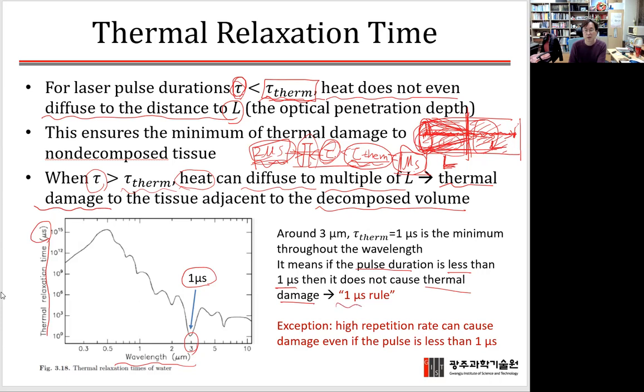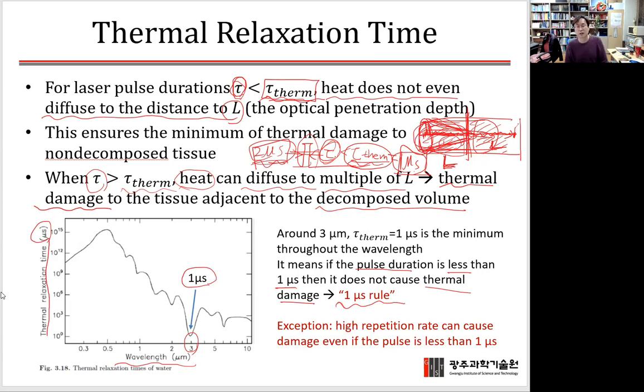So that's why we call it the 1 microsecond rule. What it means is, when you have a laser pulse shorter than 1 microsecond, then that does not really cause any thermal damage to the surrounding tissue. But when you have longer than 1 microsecond, then the surrounding tissue will also be affected by the laser pulse.